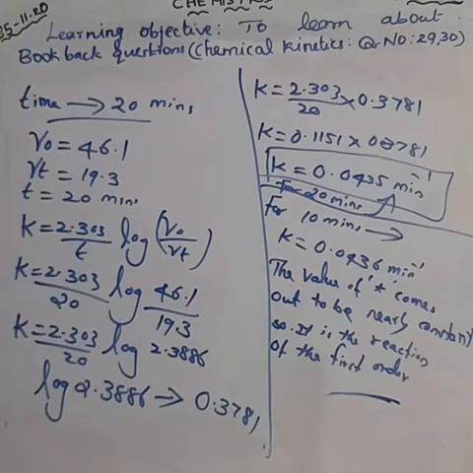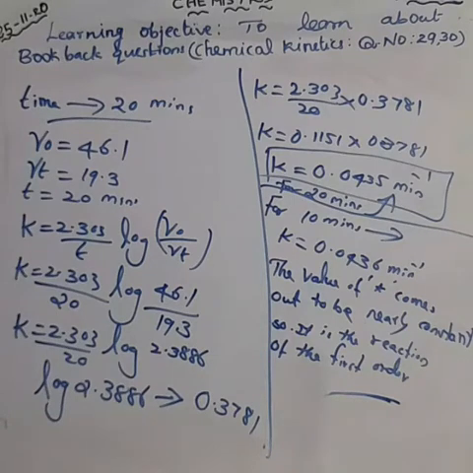A first order reaction is 40% complete in 50 minutes. Calculate the value of the rate constant. In what time will the reaction be 80% complete? That's the question.